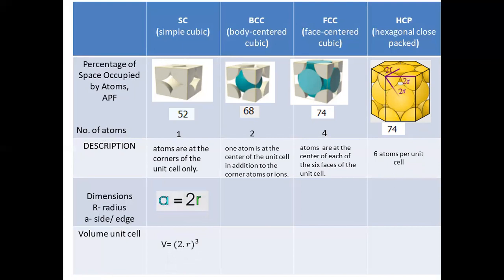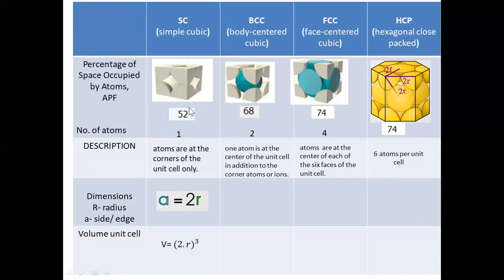Now, if we calculate the side edge of an SC in terms of radius, it is equal to twice the radius, and the volume of the unit cell would be twice the radius, all cubed. Remember, the volume of a cube is equal to side cubed. Here our side is in terms of a.